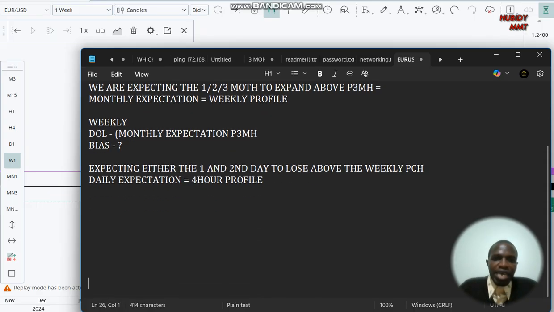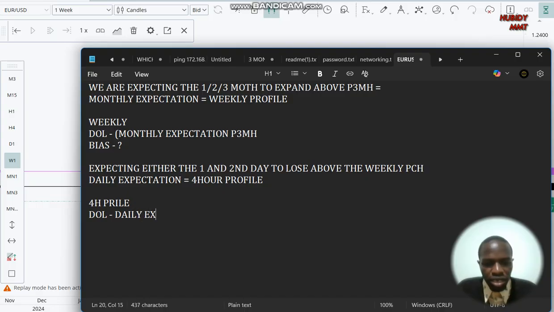Let me try and hurry up. For the 4-hour profile, we have our drawn liquidity as the daily expectation, which is the previous weekly high. And then our bias is the H4, and we are expecting 4 candles.